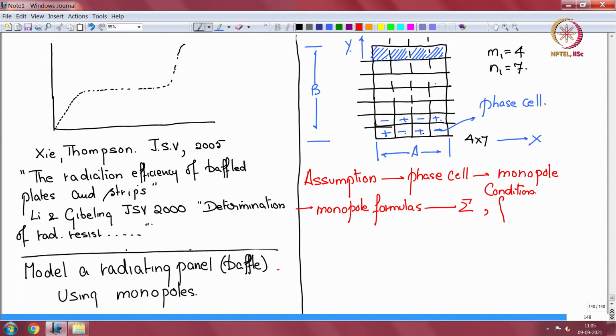You sum all the monopoles. Then you might get some additional insight. That's of course the main point here, additional insight into panel radiation. That means we have to satisfy a criterion that this phase cell is a monopole. So as long as that is correct, we will have accurate results. Phase cell must be a monopole.